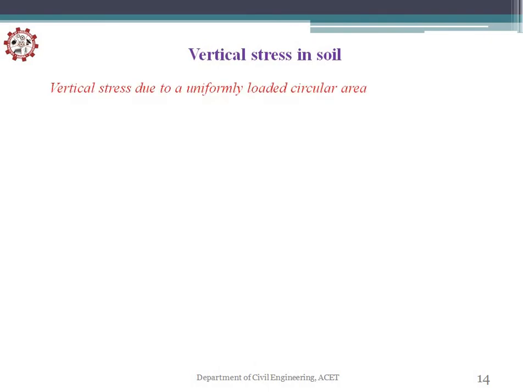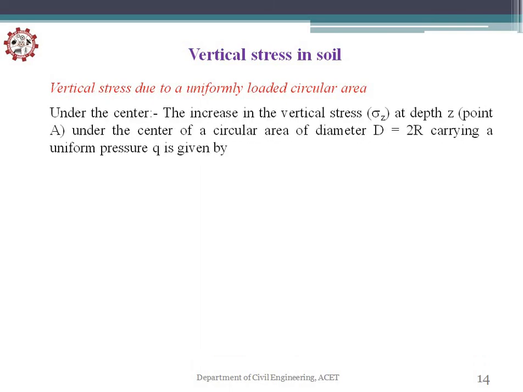So vertical stress in soil because of a uniformly loaded circular area. So this is with respect to the following. Under the center of the loading we are having the stresses for a uniformly loaded circular area.